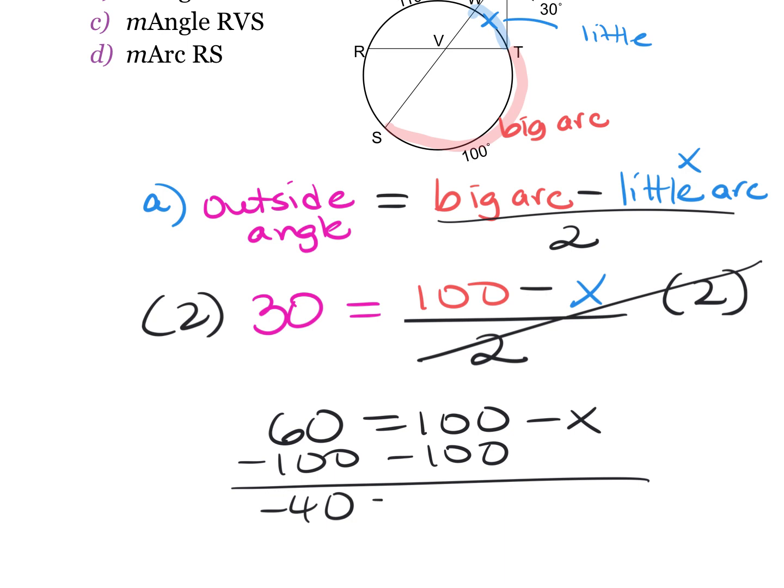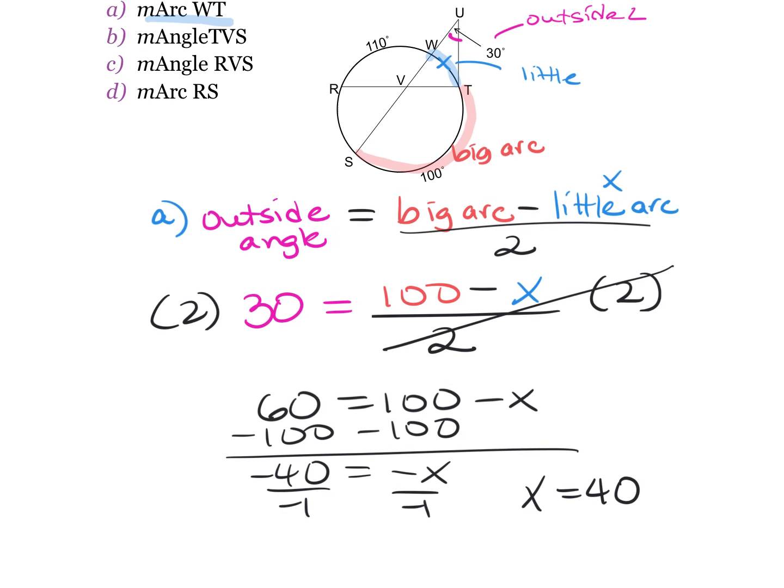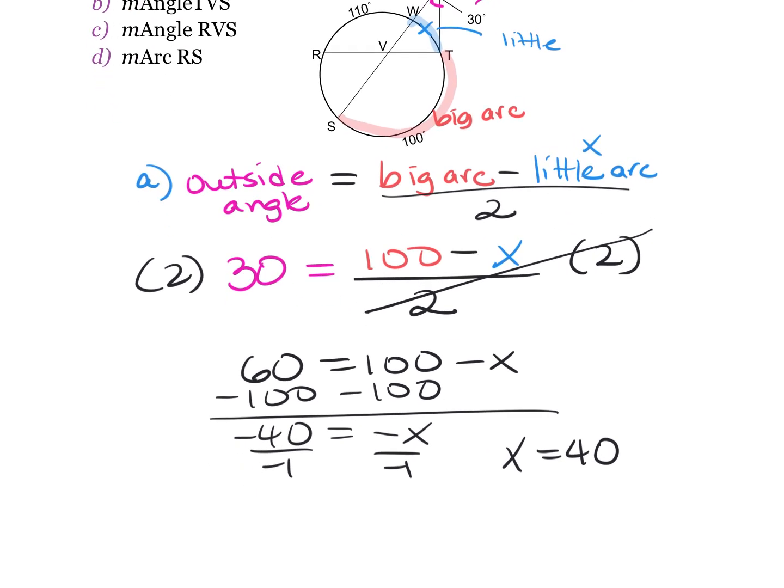Negative 40 equals negative X. Now I have to divide by negative 1, and X equals 40. Remember, we said X was little arc. So my little arc was what they asked me to find, and it was arc WT. So 40 degrees is the answer to part A.